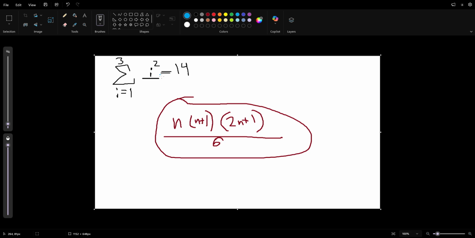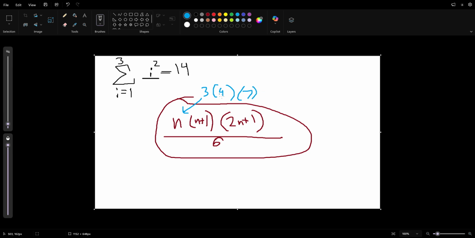Now, n is equal to 3, so we plug that in right there. So 3 times n plus 1, which is 3 plus 1, is just 4, and then 2n plus 1, 2 times 3 equals 6, plus 1 is 7.